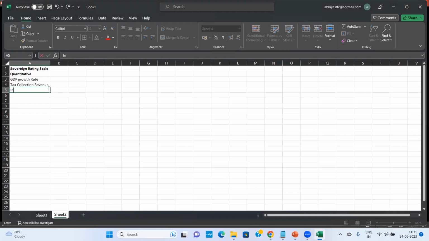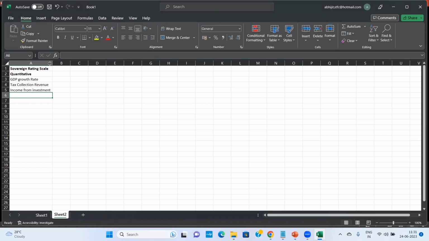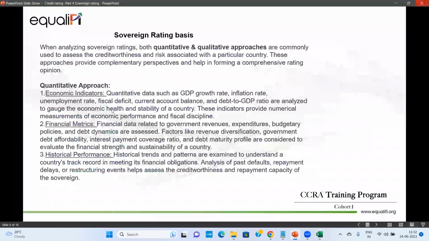Could be income from investment, right? What else could it be? Other income. Okay, fair enough.